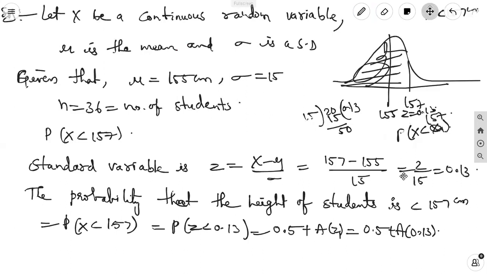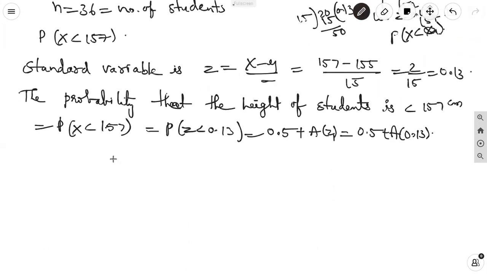Here from the table we can write it as 0.5 plus 0.13 value is 0.0517.